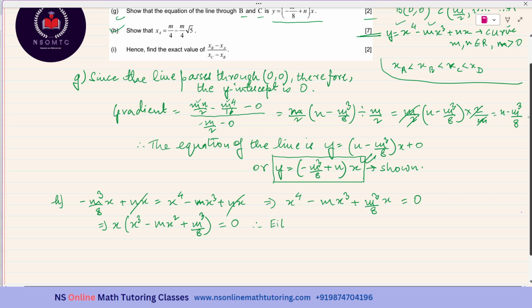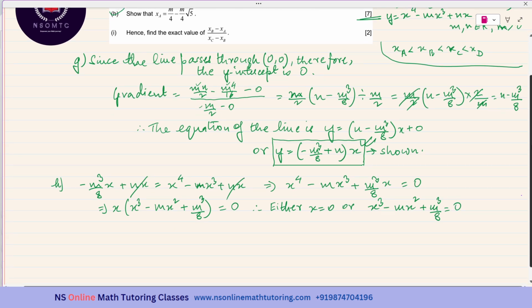Either x equal to 0, and I know that x equal to 0 is the x coordinate of point B, but I need the x coordinate of point E. So I have to solve the cubic expression x cube minus mx square plus m cube over 8 is equal to 0.